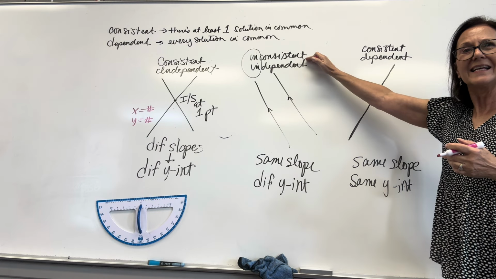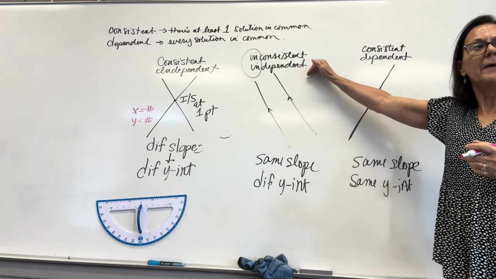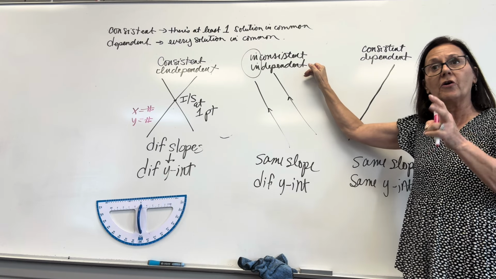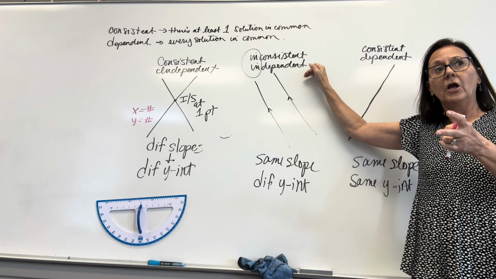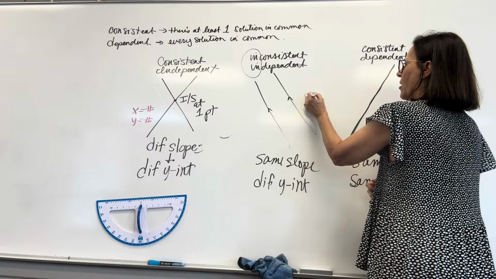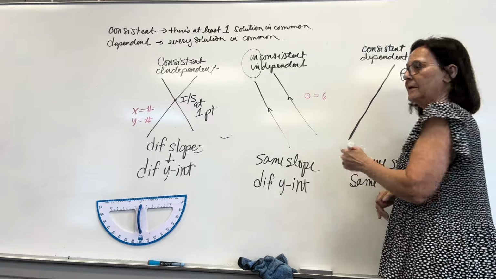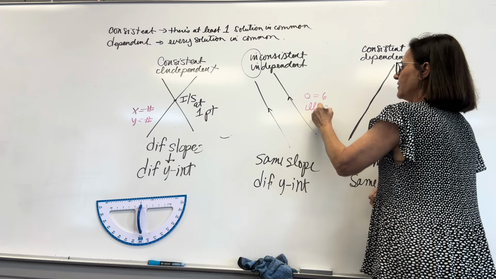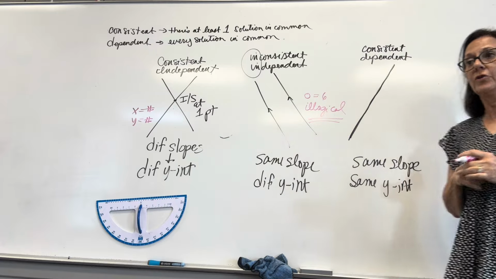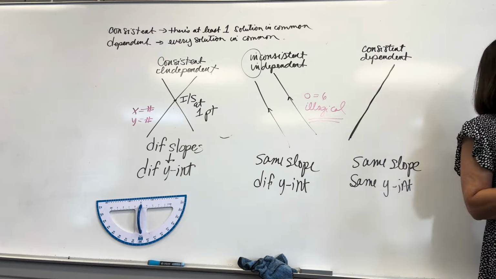For inconsistent, when you go to use substitution or elimination, you're going to end with an illogical statement, something like 0 equals 6. It's going to be illogical when you use substitution or elimination.